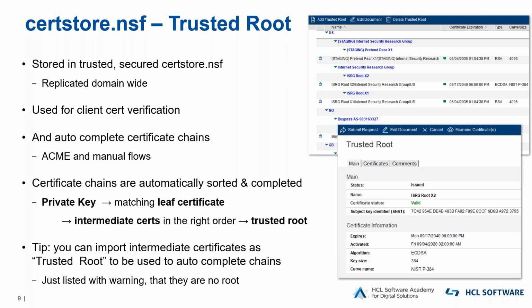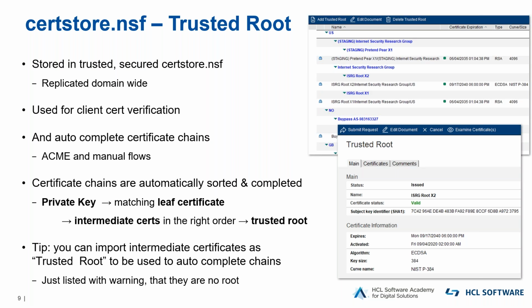So you have to include it in the database. So you will see when you create the database from scratch, it will contain already the trusted roots that are known today from Let's Encrypt for your convenience. But if you need more, you just import them, and it's a very easy flow.